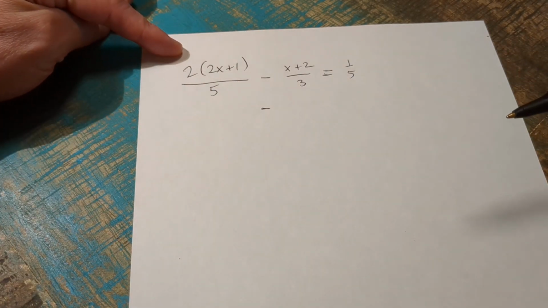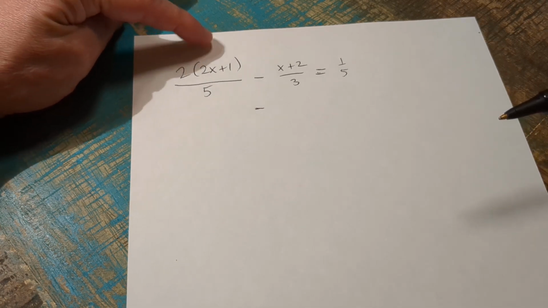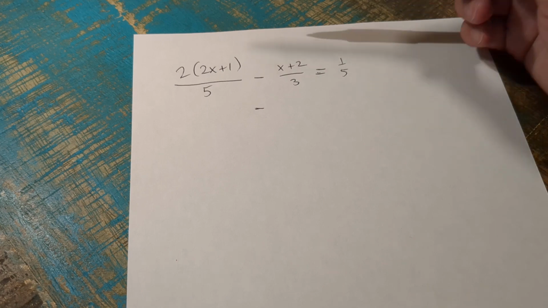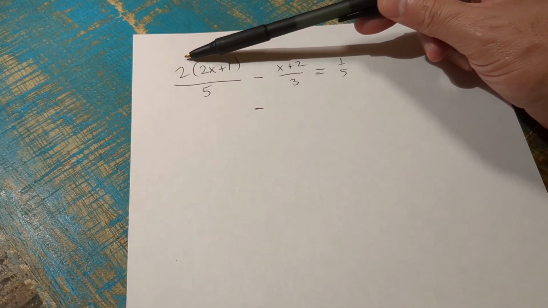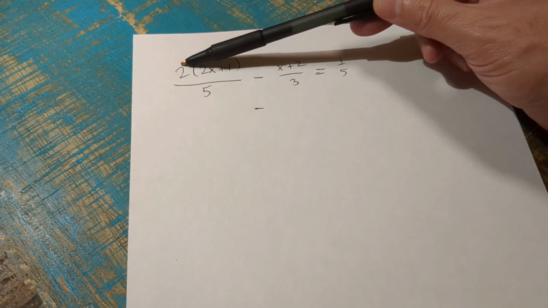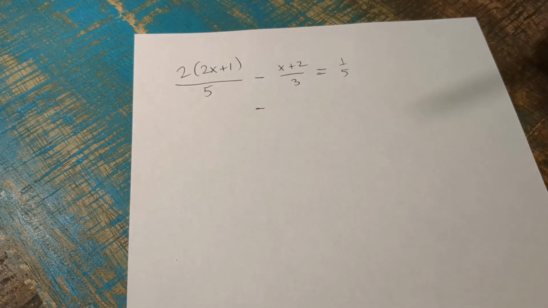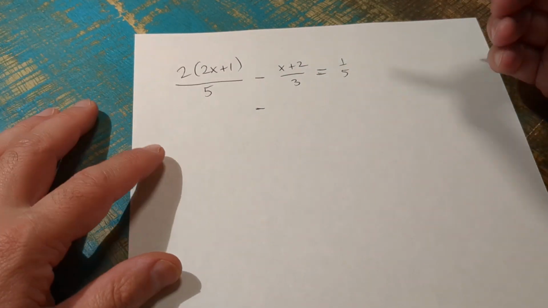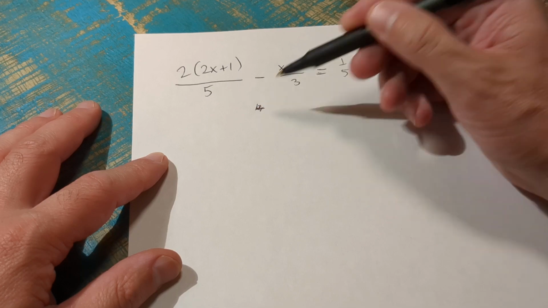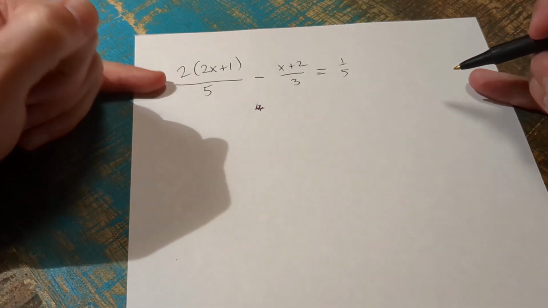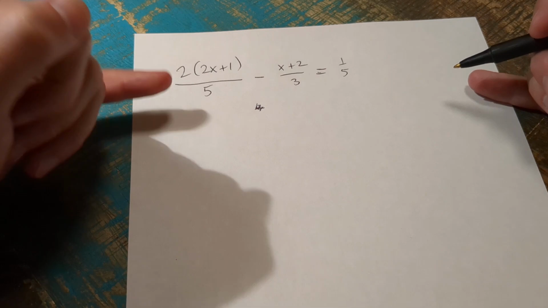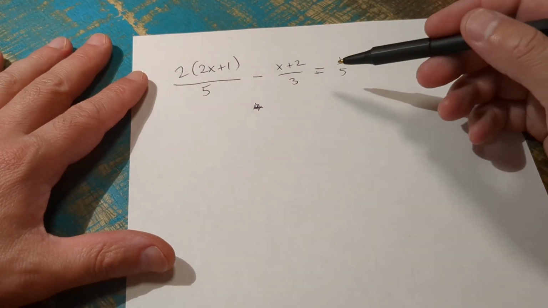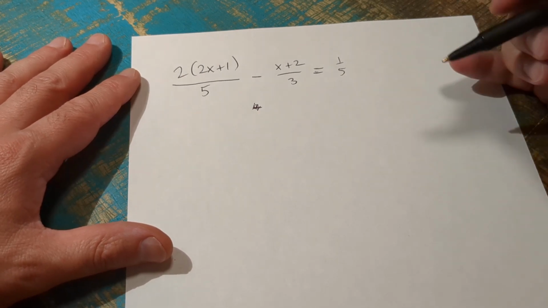There's also this 2 times parentheses 2x plus 1. One of my first steps, we will distribute this 2, like multiply 2, to get rid of the parentheses, just to clean it up a little bit. In a problem like this, expect to write several lines, like rewrite it several times as we go, and as we simplify things.